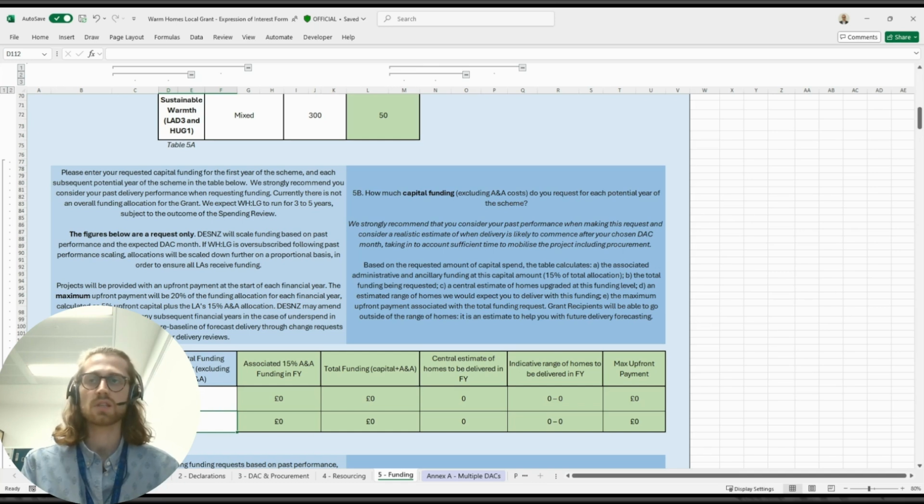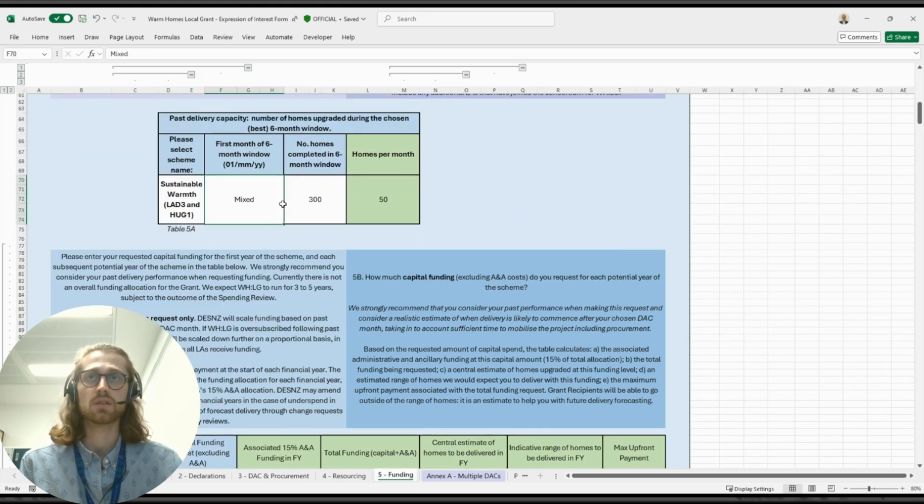It's important to stress here that this is a funding request, and we may scale down that request based on your past performance that you will have entered in this table, in table 5A.